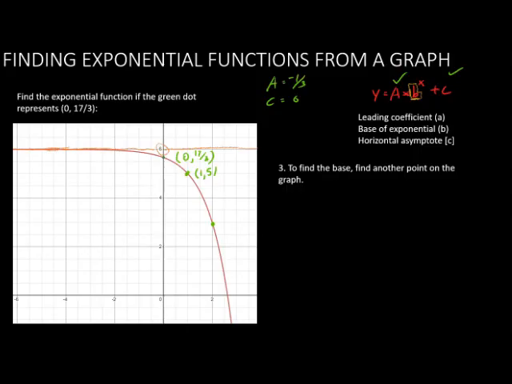The green dot further to the right is at an x value of 2 and a y value of 3. Either one of them would suit our purposes, but it's easier to use 0 or 1 as your x value when you're doing an exponential function. Therefore, we'll use that one. We're going to now let a equal negative 1/3, c equal 6, since we knew both of those from before, and then let our x be 1 and our y be 5.